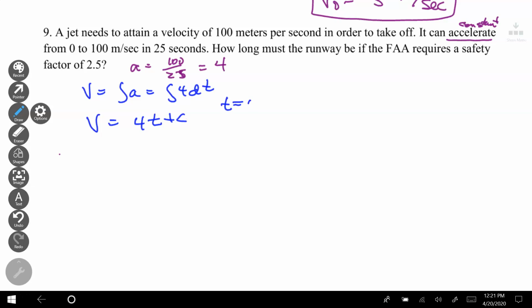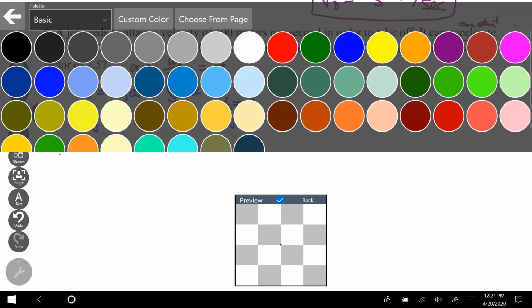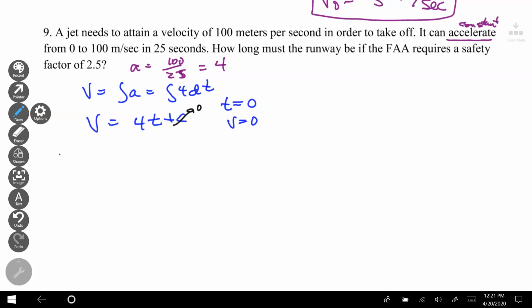But I know at the beginning, at time 0, my velocity is also 0. So again, I think I've shown many times that when I plug in 0 for t, this constant is just whatever it is. So v equals 4t. Now I have to figure out its distance. Well, distance is going to be the antiderivative of v, which is the antiderivative of 4t dt.